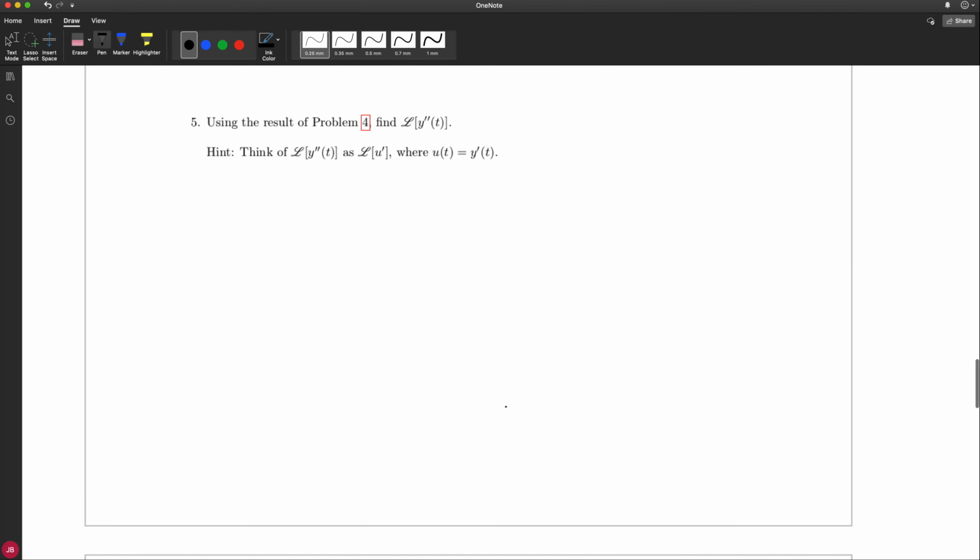So this is a neat little idea here. So the first thing we're going to do is we're going to let u be y prime. Now let's see what that gets us. That says that then the Laplace transform of y double prime is really just the Laplace transform of u prime, right? Because if u is y prime, then y double prime is u prime.